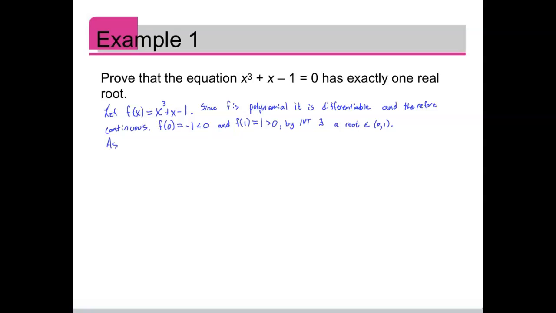So I'll say, assume there exists a second root and we'll call it C2.